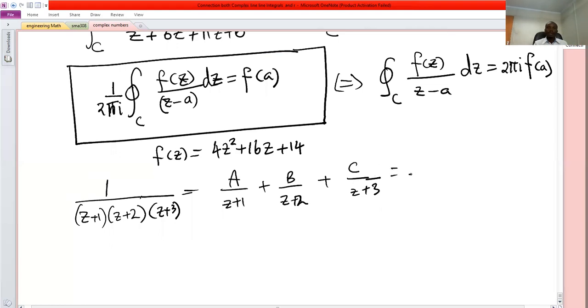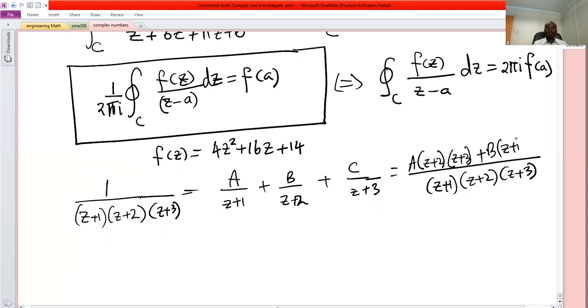So the LCM is the product of all these denominators. This denominator goes here: a into (z plus 2)(z plus 3), plus b into (z plus 1)(z plus 3), and then plus c into (z plus 1)(z plus 2).